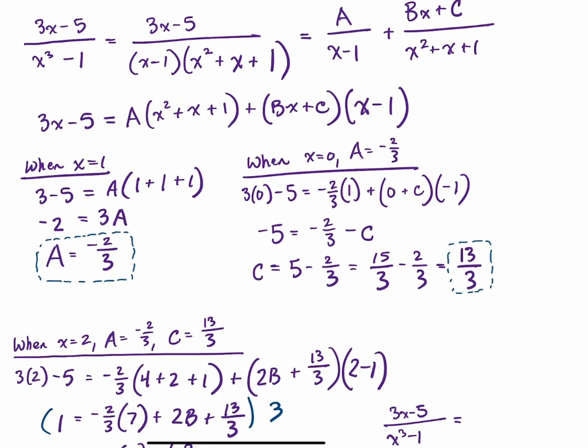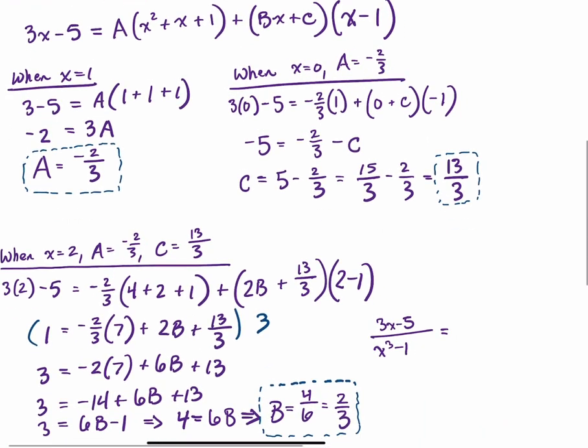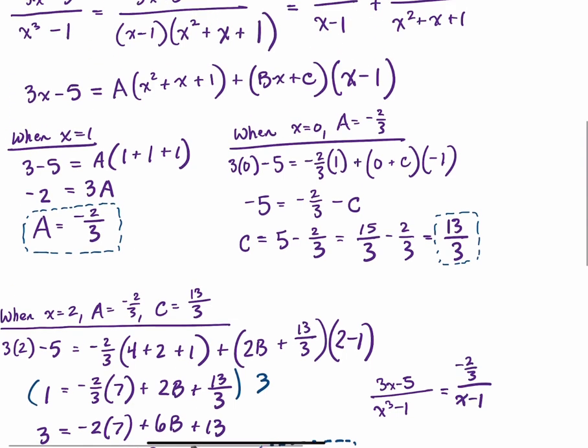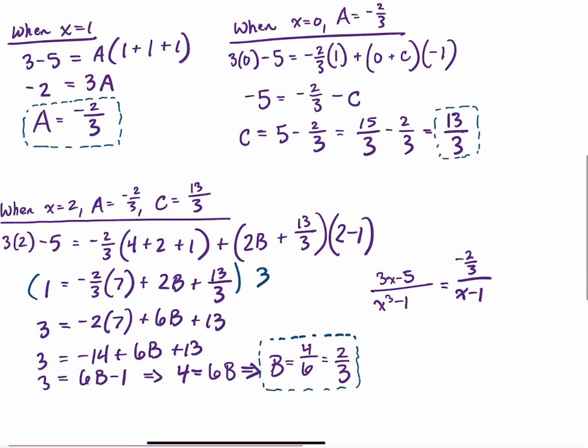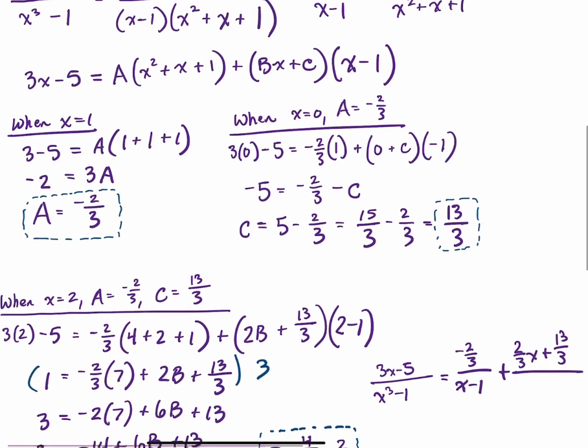So our a value was negative 2/3. We can just write that as negative 2/3 over x minus 1 plus bx plus c. So this will be plus, our b term is 2/3. So 2/3 x plus our c value of 13/3 all over x squared plus x plus 1.